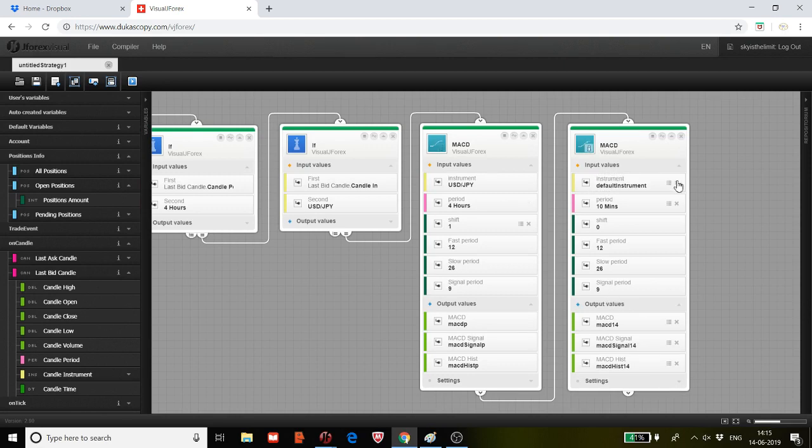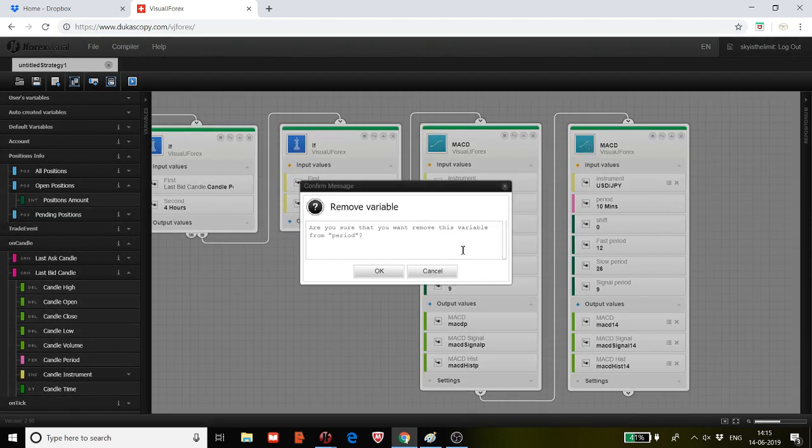Here change the instrument to USD JPY, and the period to 4 hours.